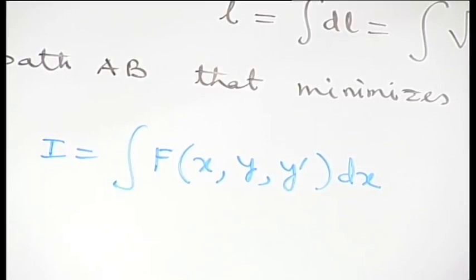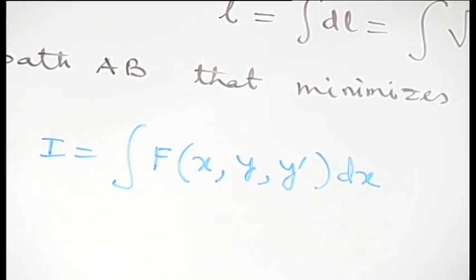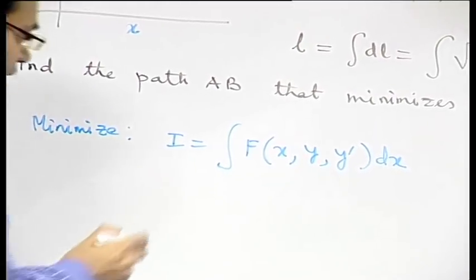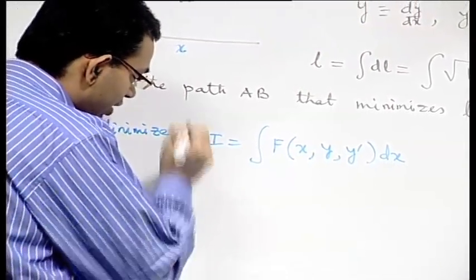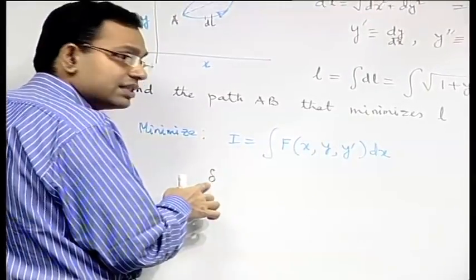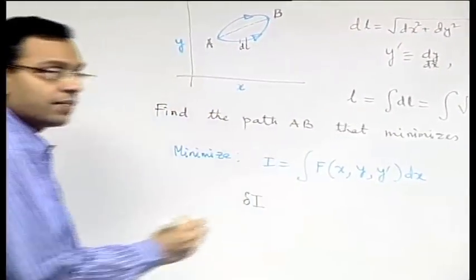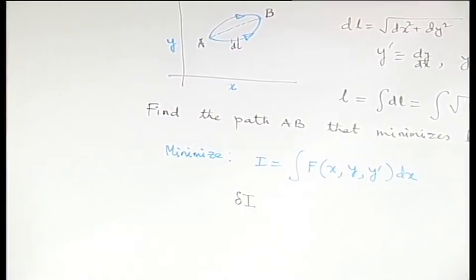Now, how do we minimize it? There are different ways in which one can do it. Here, we will take a first order variation, which we will symbolize as delta on I. So, what is this delta?